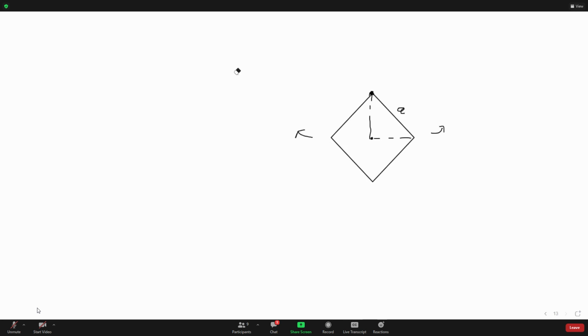Okay, this distance here is h, but it's the same as this distance. So A squared equals 2 times h squared, right? That means h is equal to A divided by the square root of 2. So h is equal to square root of 2 over 2 times A, if you want to write it that way.